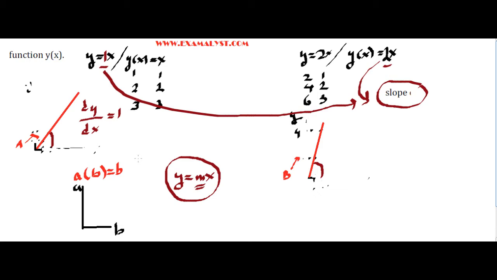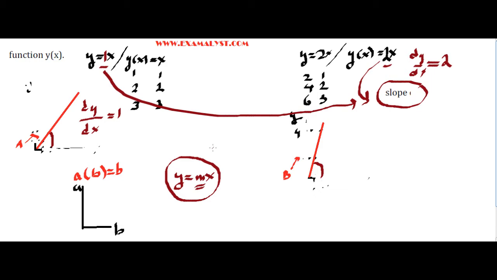I get a value of 1. This is just the plus 2 differentiation that we are speaking of. And look at this function, y equals 2x. How about differentiating it? dy by dx, what do you get? It's very easy. You get a value of 2. So another definition of slope is the differentiation of the function. Whenever you do dy by dx, you get a number, and this number is the slope.